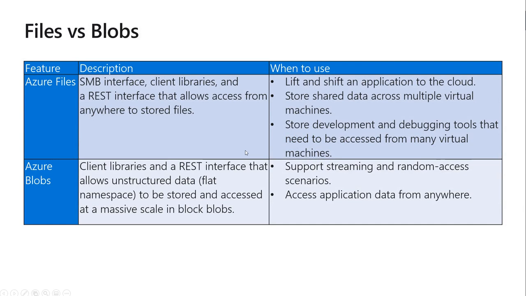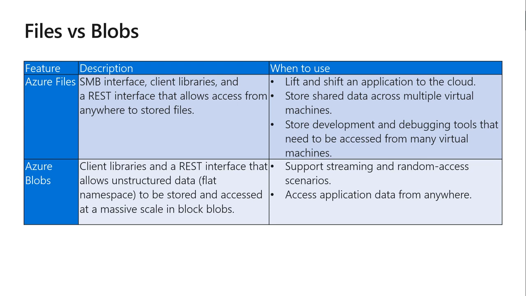So, the comparison between files and blobs. Azure Files offers a fully managed file share in the cloud, which can be accessed via the industry standard SMB protocol. The file share can be mounted concurrently by cloud or on-premises deployments of Windows and Linux OS. Additionally, Azure file shares can be cached on Windows servers with Azure File Sync, so they can access the data faster.